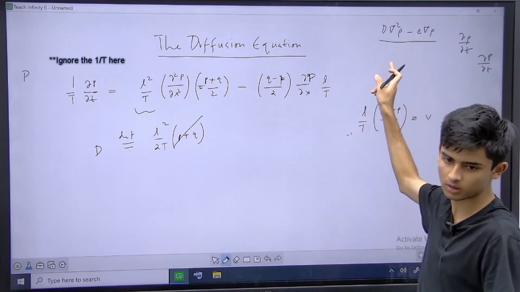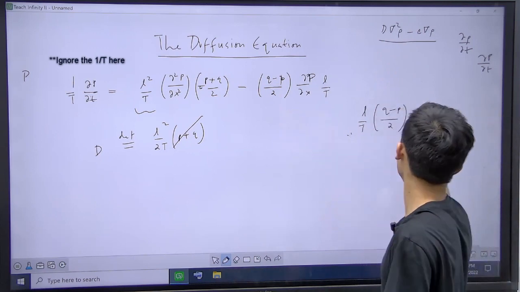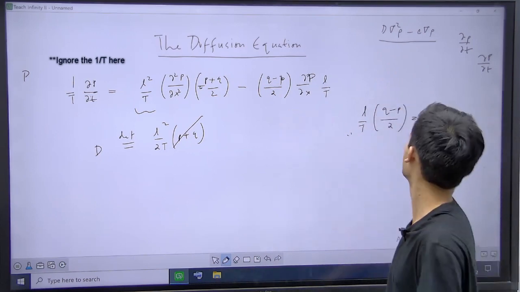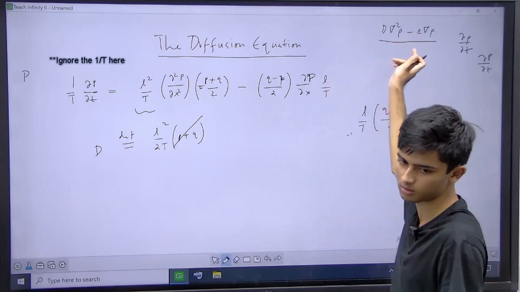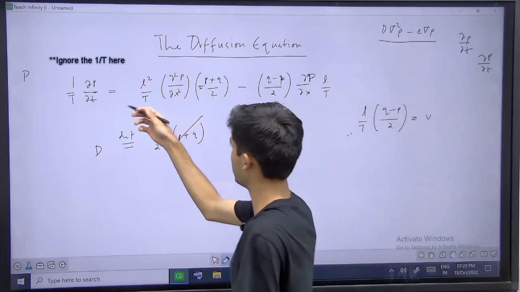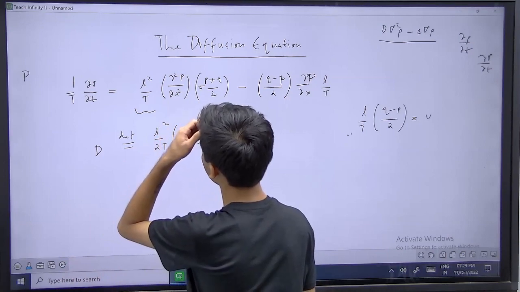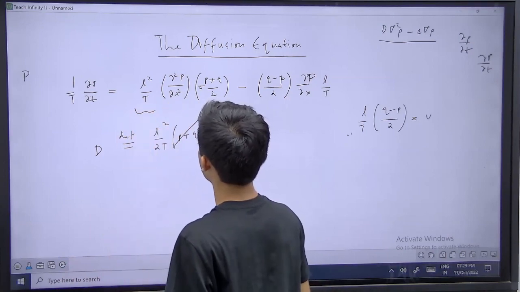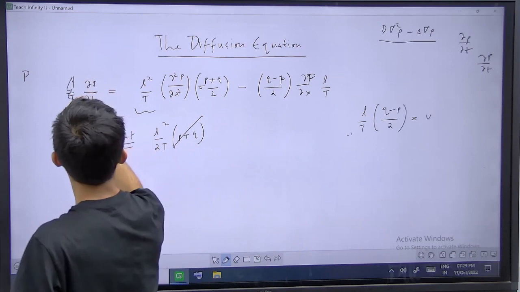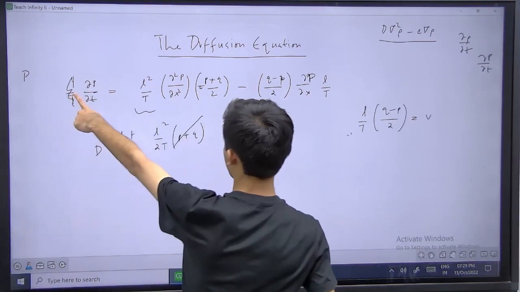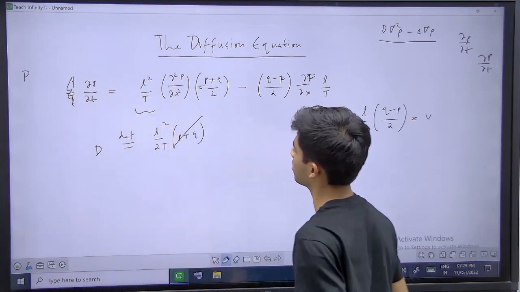Actually this v is just a number, so it doesn't make much of a difference, but I wanted it to resemble the equation we just had. The 1 by T I wrote by mistake, but this is the general form.